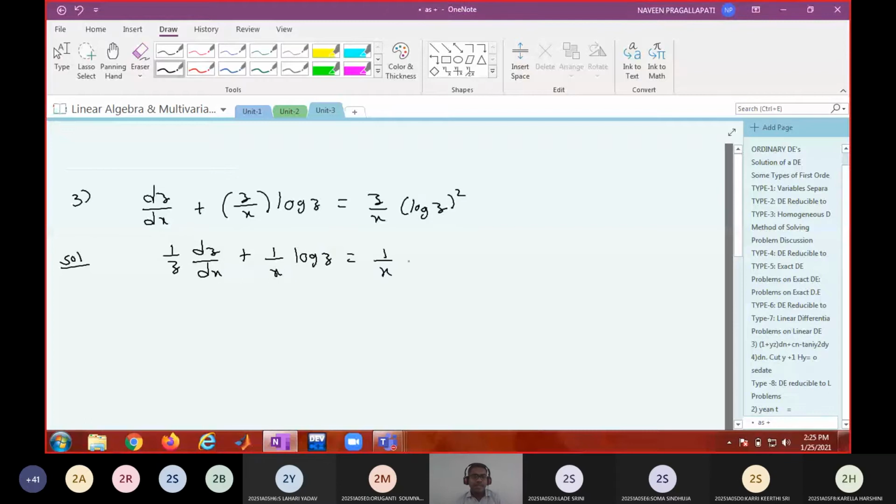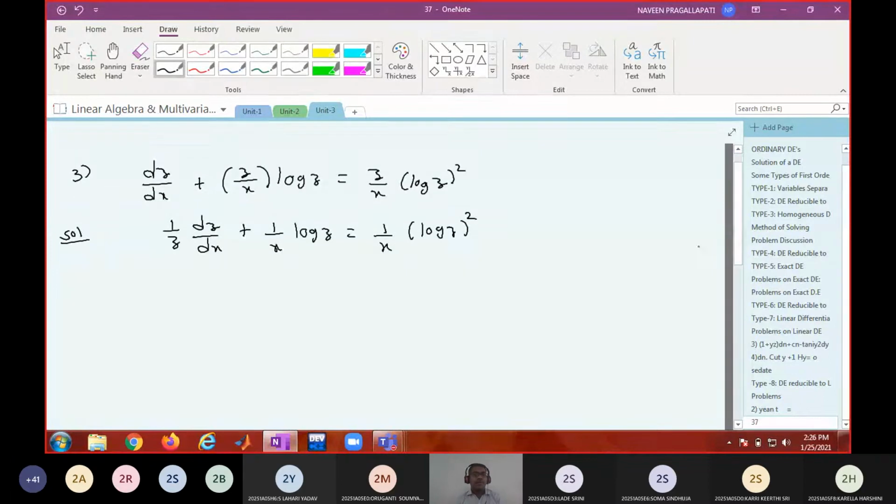Now, did you get any idea? What do you want me to do next? Let log z equal u. Then differentiate both sides with respect to x.